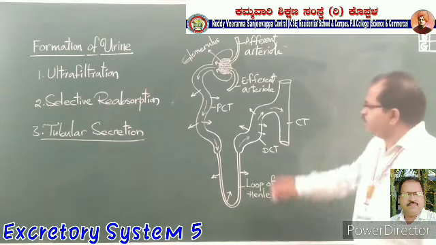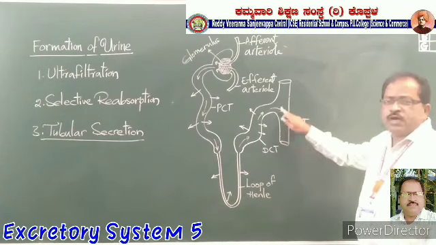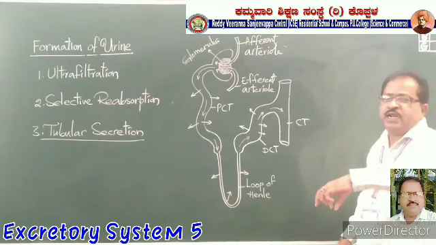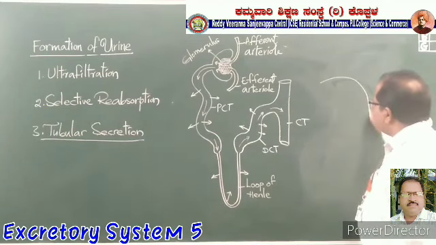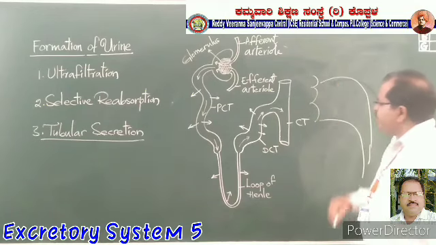This urine is collected by the collecting tubules, and all the collecting tubules enter the renal pelvis, the broad part which, as I told you, is connected to the kidney.